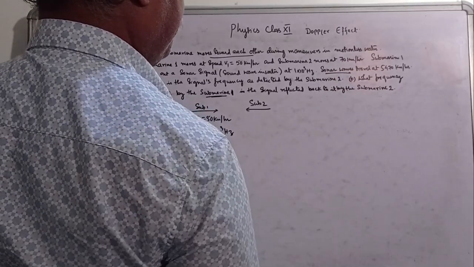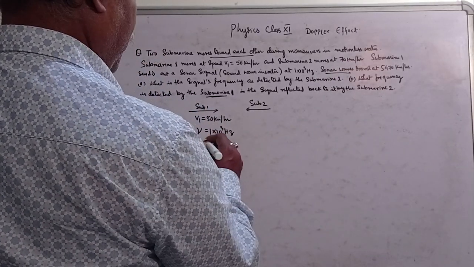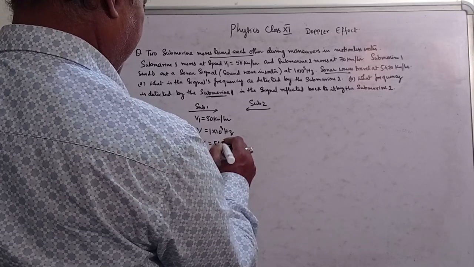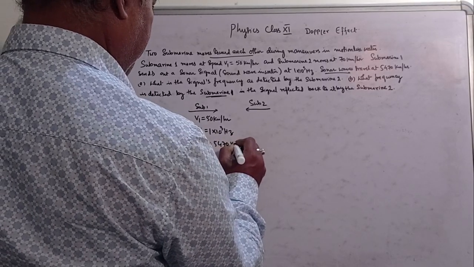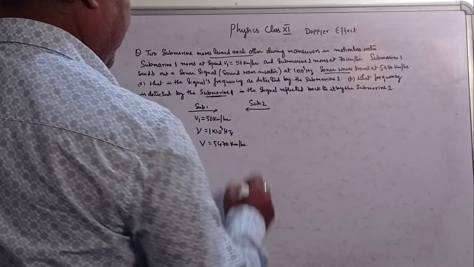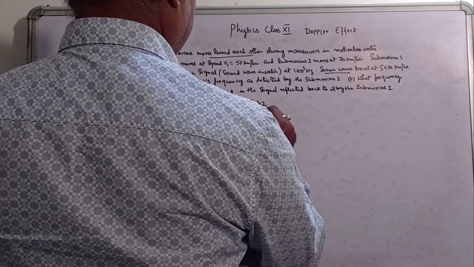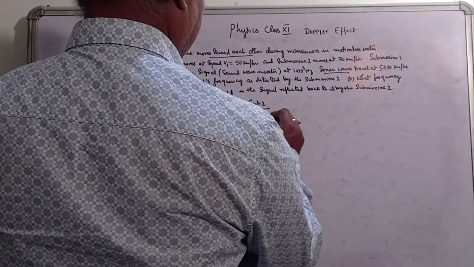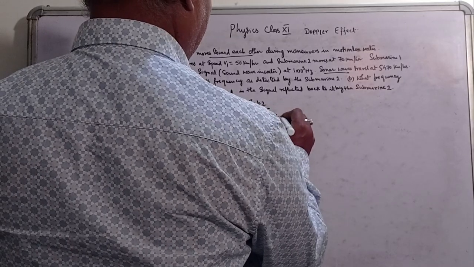The velocity of the sonar waves is 5470 kilometer per hour, and the velocity of submarine 2 is 70 kilometer per hour.